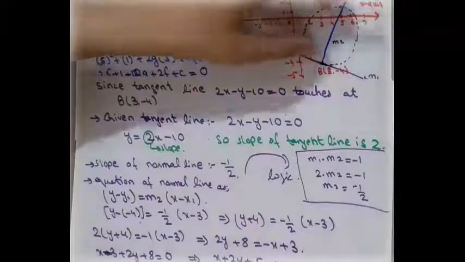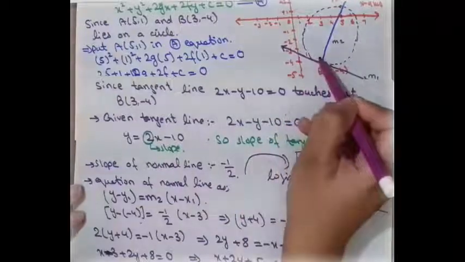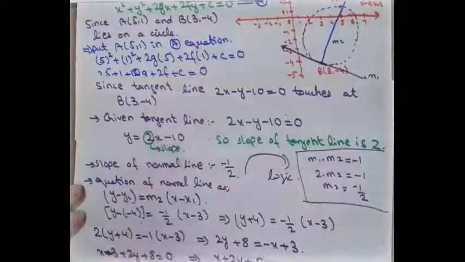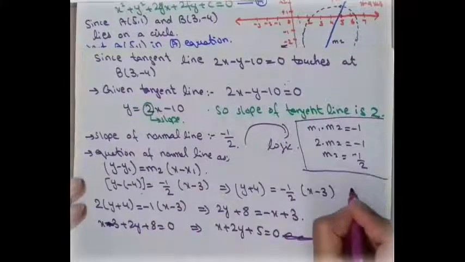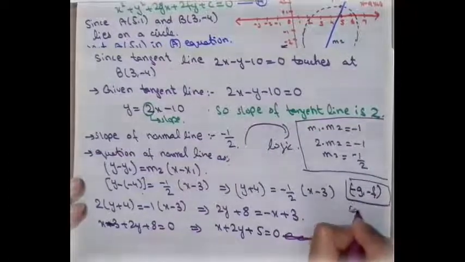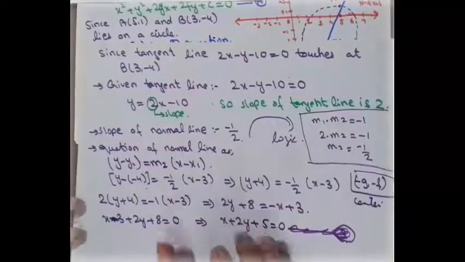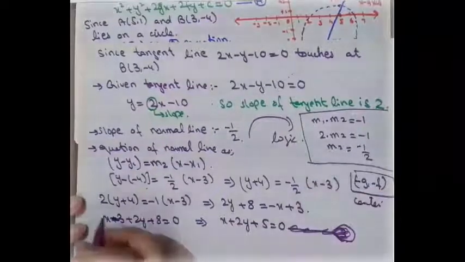As this perpendicular line is normal at this point, it must pass through the center of the circle, and the center of the general equation of a circle, as we discussed, is (-g, -f). So we replace the values of x and y with -g and -f.